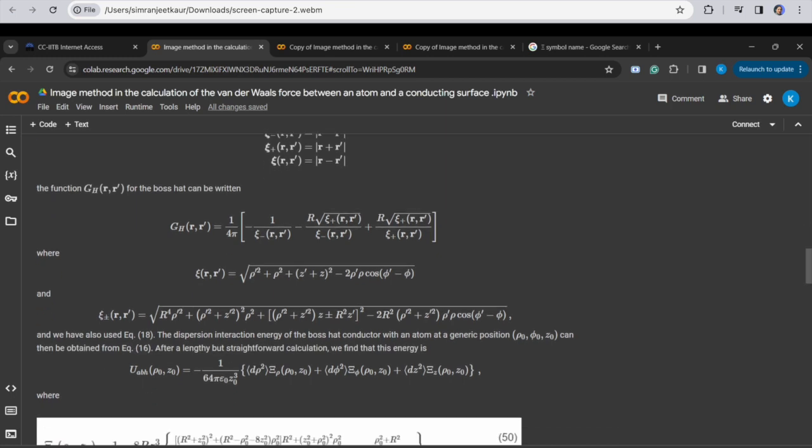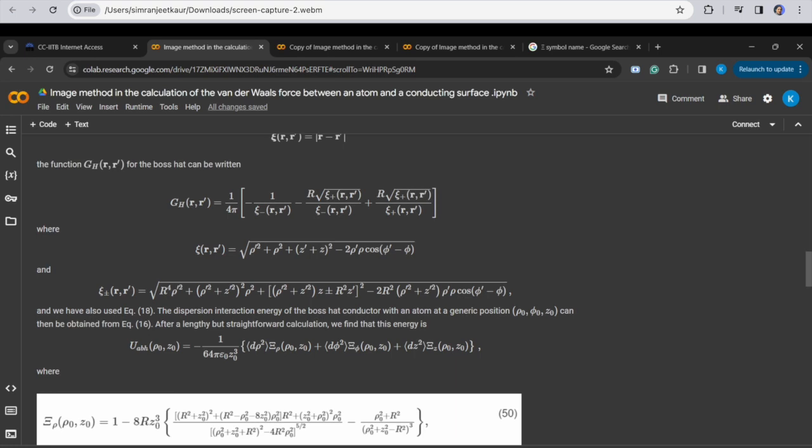So we have now used equation 1, which I used previously, and the dispersion interaction energy of the Bose head conductor with the atom at a generic position, like rho naught, phi naught, and z naught, can be obtained from equation 6.